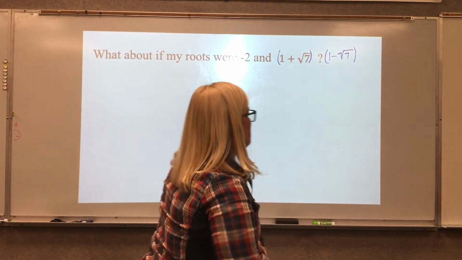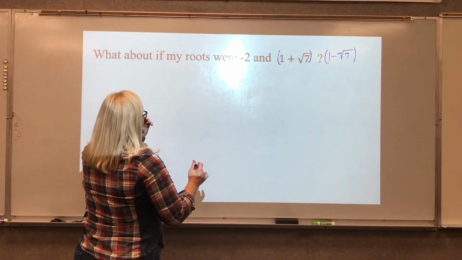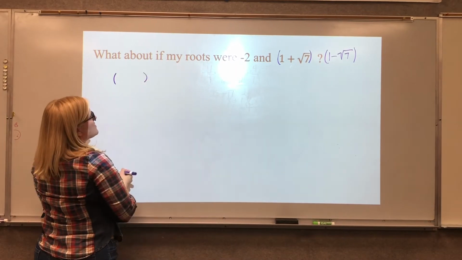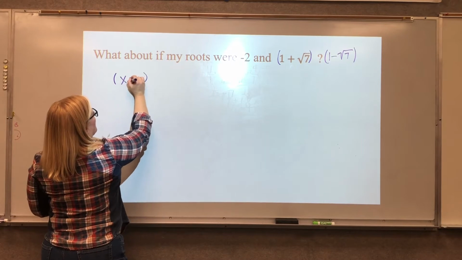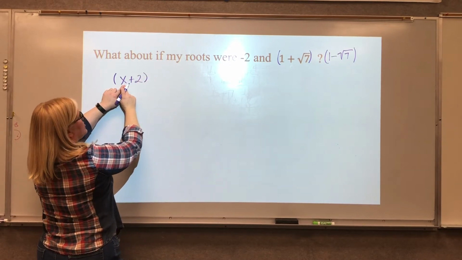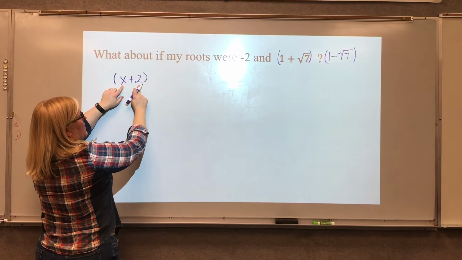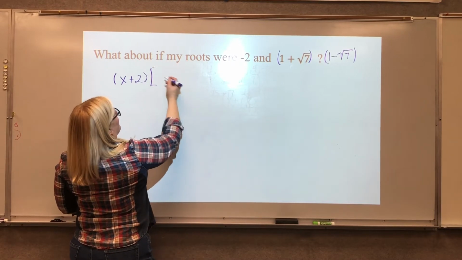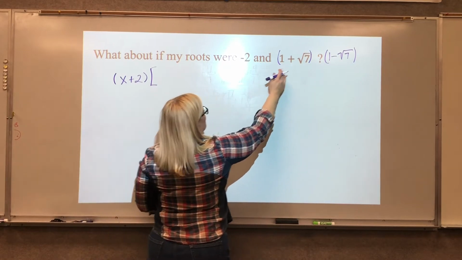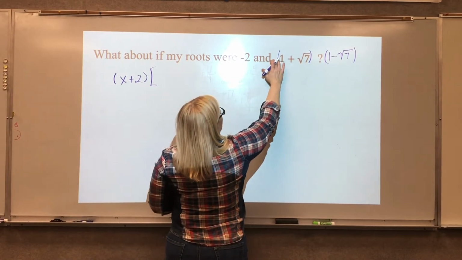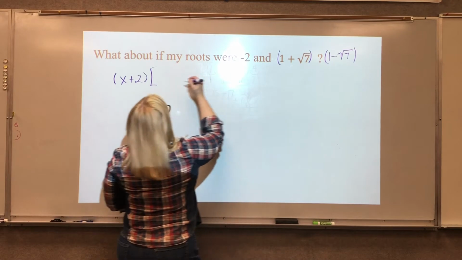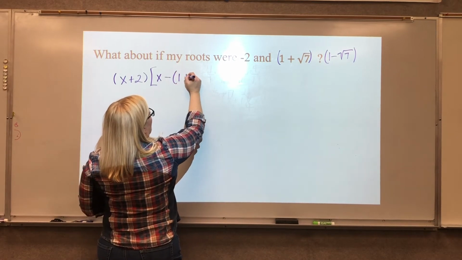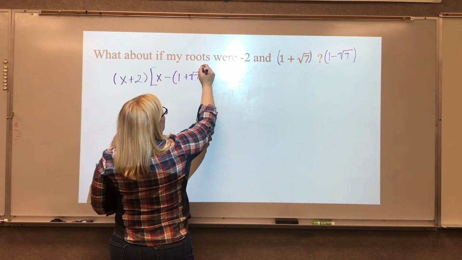Okay, so let's set this up. We're going to have 3 of these, right? This one is going to be x plus 2, because if I put -2 in here, then this becomes 0. All right, this is where it gets a little more complicated. We're treating this also like a number, and it's positive, okay? So we have x minus my number, 1 plus the square root of 7.